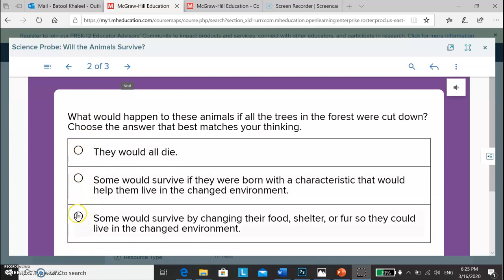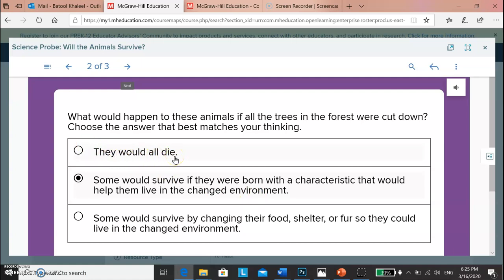The correct answer is some animals would survive if they were born with a characteristic that would help them live in the changed environment, because not all animals will die. Of course, not all animals will die.